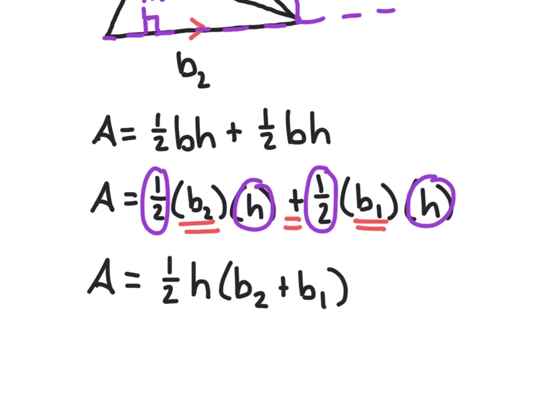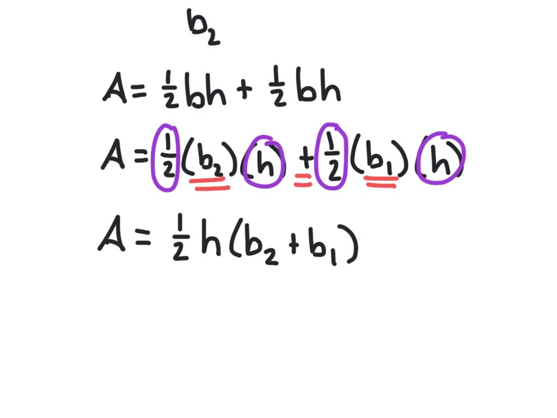Now, I happen to be someone who learns things by patterns. Okay? I learn things by patterns. And so every equation we've used so far has been base times height, base times height, base times height, or 1/2 base times height. Okay? Well, for me, whether you agree or not doesn't matter. You can do what you like. If you like the way the book does it, do it that way.